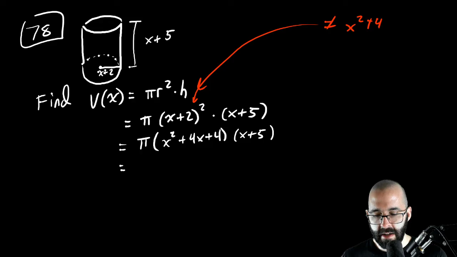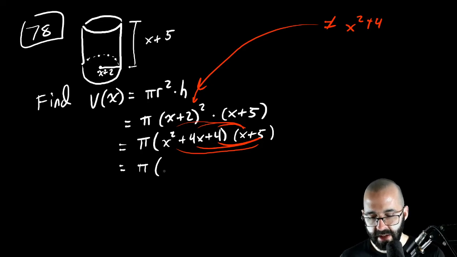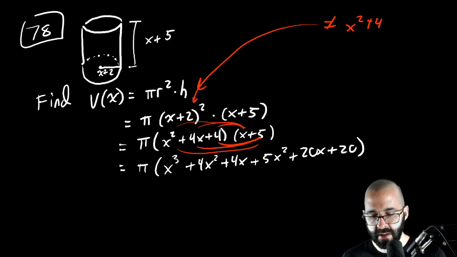All right, and then it's a little messy. We have to multiply this out too. Multiply them all by the first, multiply them all by the second, add everything together. Should get x cubed plus 4x squared plus 4x, and then multiply them all by 5, plus 5x squared plus 20x plus 20, and then combine like terms.